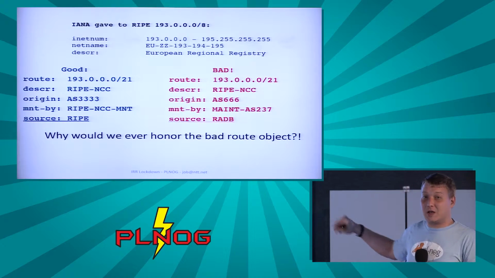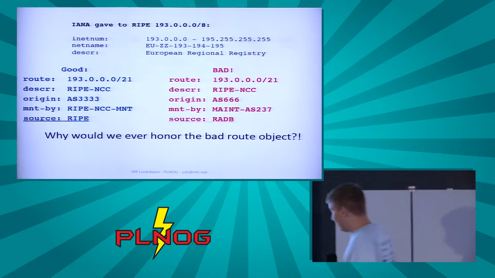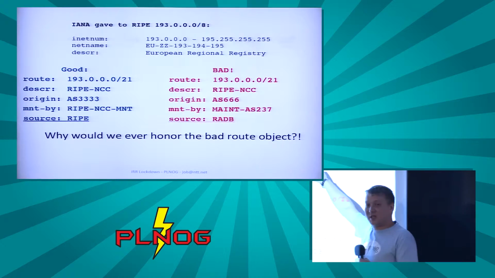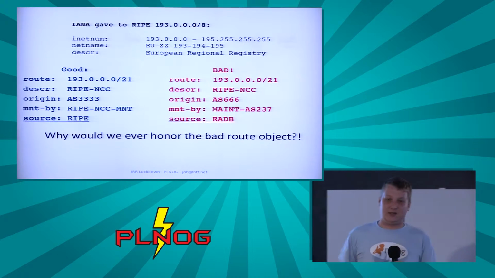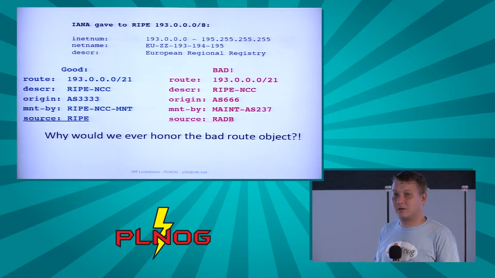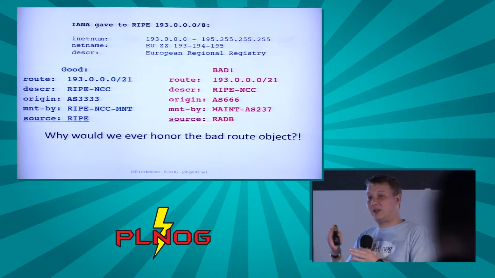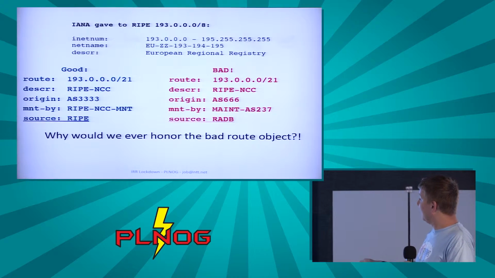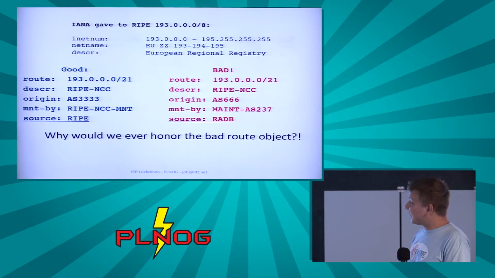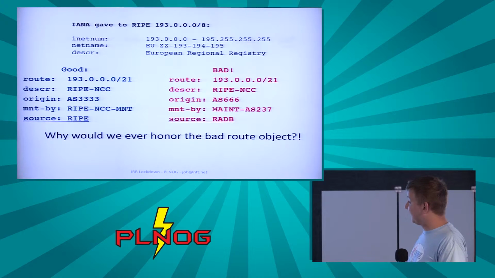To give a very solid example, IANA assigned to the RIPE registry 193/8, and it is RIPE's function to assign smaller chunks of that space to its members. On the left side, we have a proper route object.